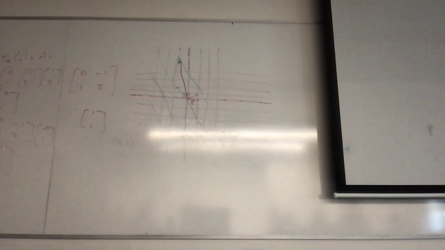So it takes any vector and it just rotates it a little bit. If we wanted to find the matrix representation of that transformation, sometimes you'll hear that called the standard matrix. So we want to find the standard matrix of T.